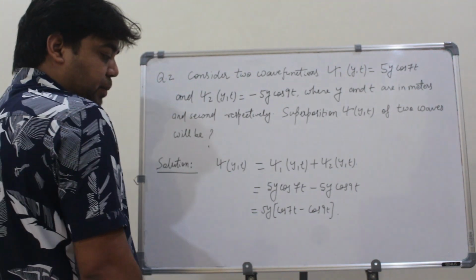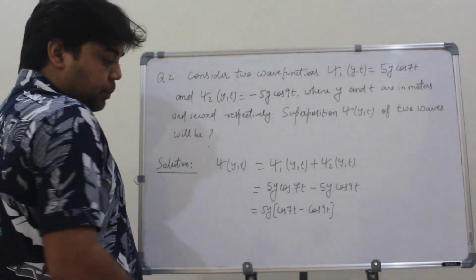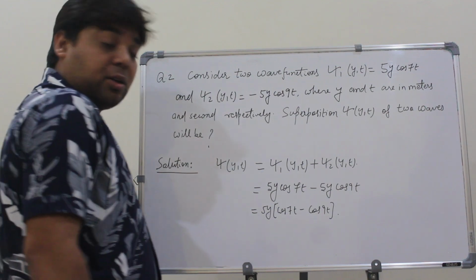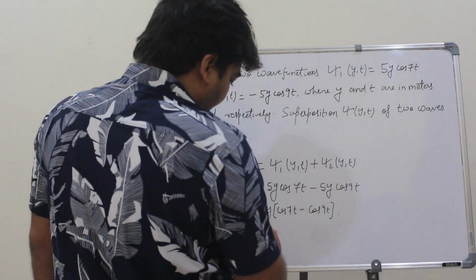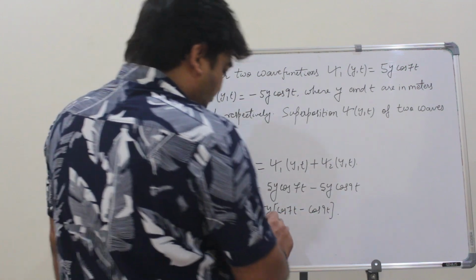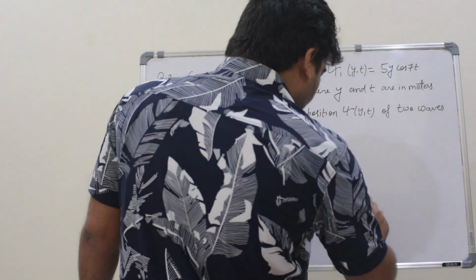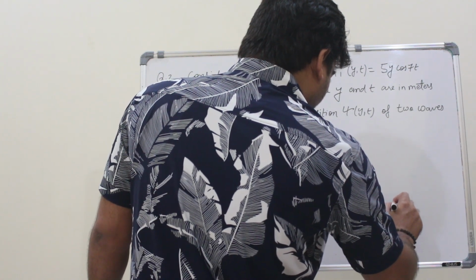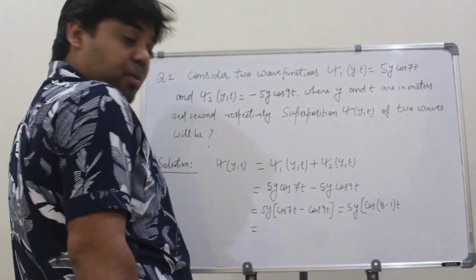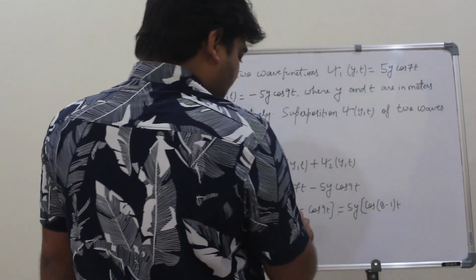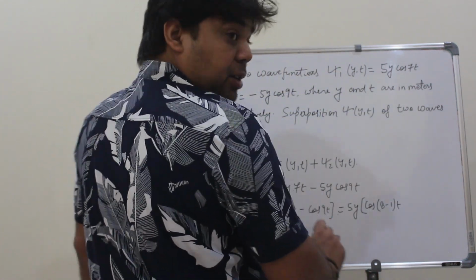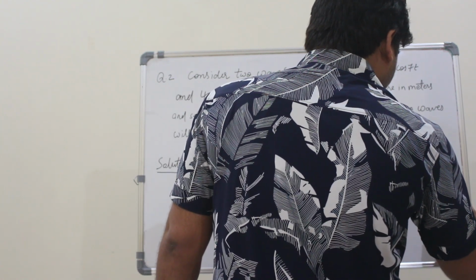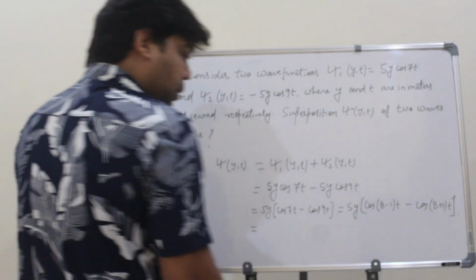When you simplify, this is a formula of what? Cos A minus cos B, which is 2 sin of (A plus B)/2 times sin of (B minus A)/2. Here 7 is 8 minus 1 and 9 is 8 plus 1.